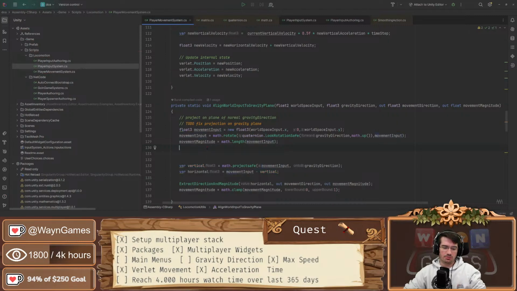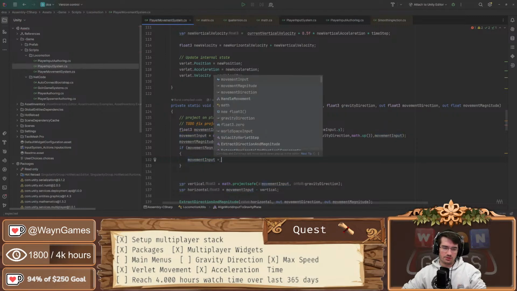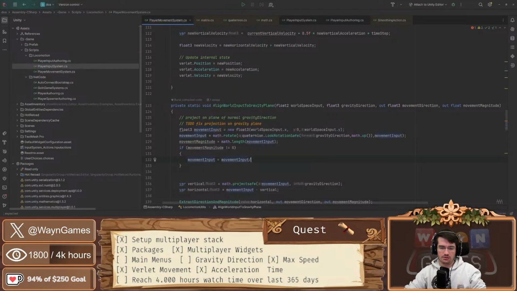I can't divide by 0, so if magnitude is not 0, I'm saying the move input is equal to this one divided by the magnitude, normalizing it. Otherwise, it will remain this one, which should be 0.